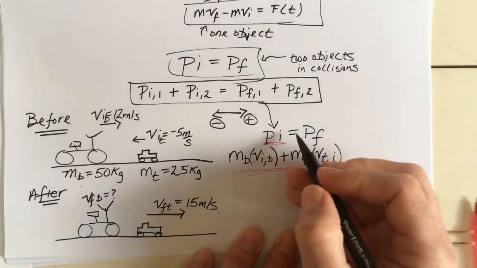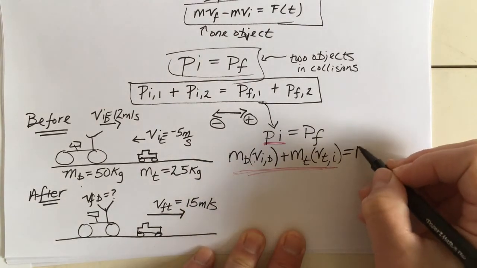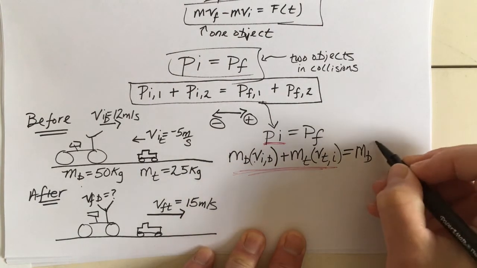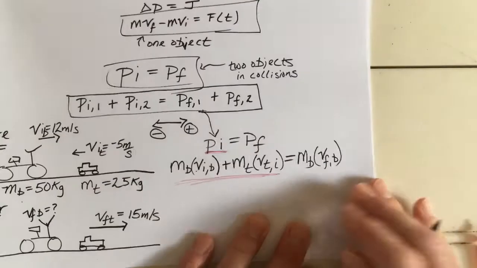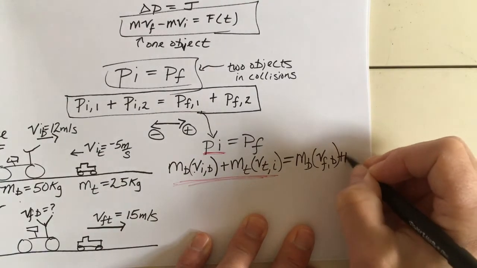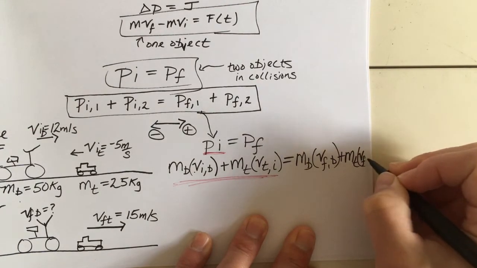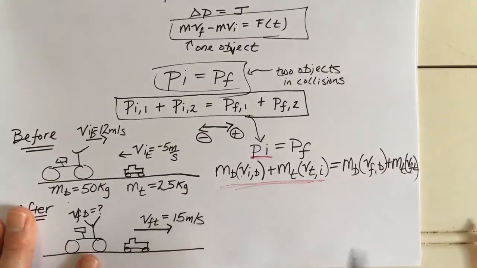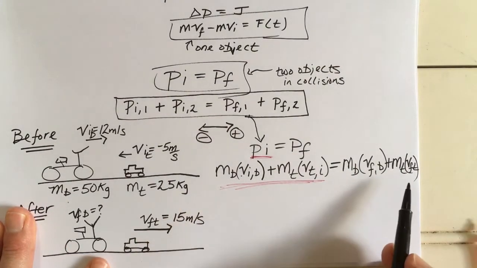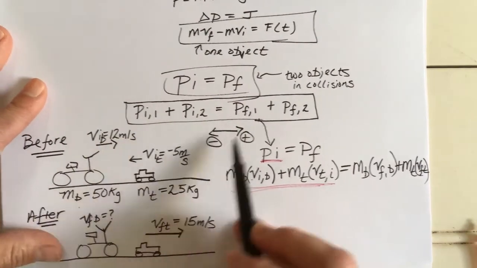And then we're going to set that equal to the final momentum, which is going to be the mass of the bike times the velocity final of the bike, plus the mass of the truck times the velocity final of the truck. Kind of running out of room there. All right, so it's quite a long equation to write, right? It's pretty annoying.